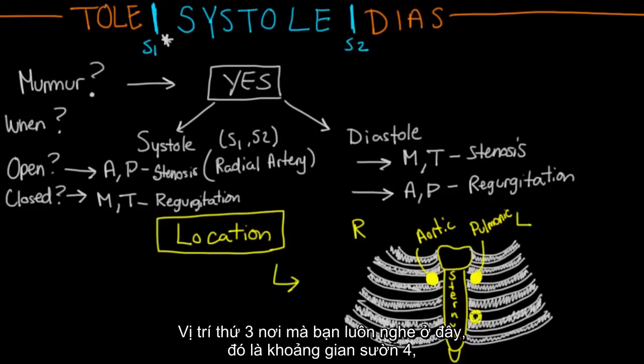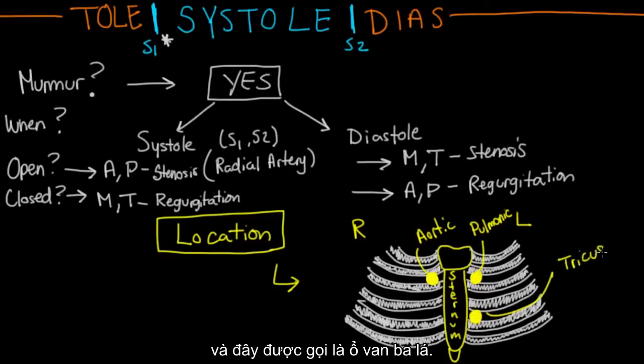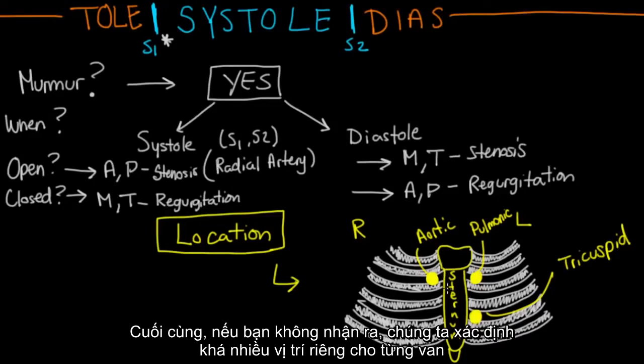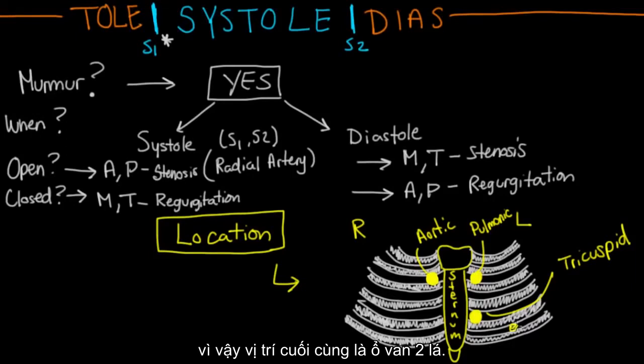The third place where you usually listen is here. This is the fourth intercostal space, and this is called the tricuspid area. And finally, if you haven't realized, we're pretty much giving each valve its own area, so the last one is the mitral area. This is in the fifth intercostal space, but you'll notice it's a little more to the side of the other ones, or lateral to the other ones.